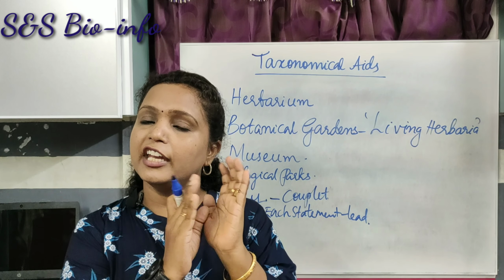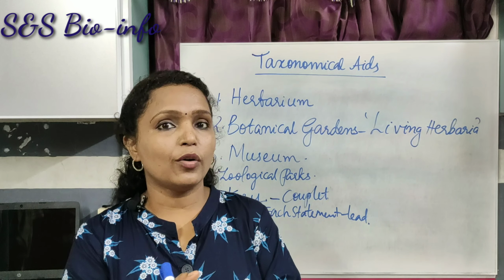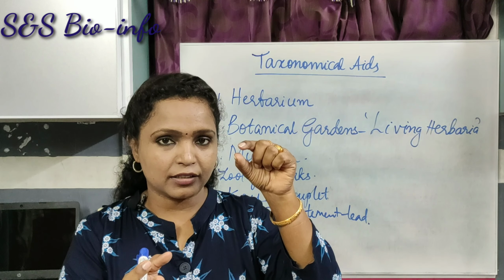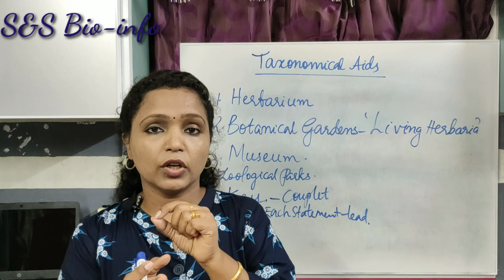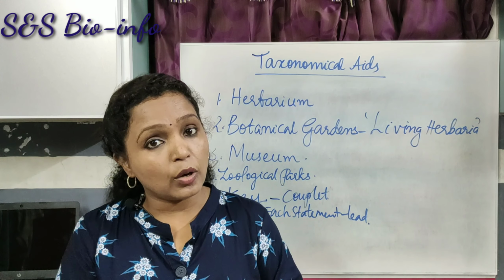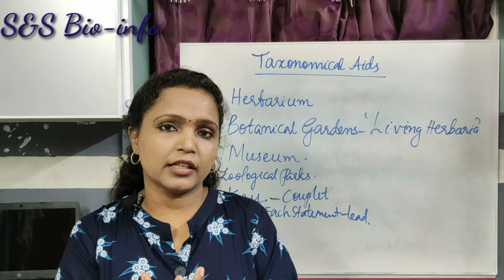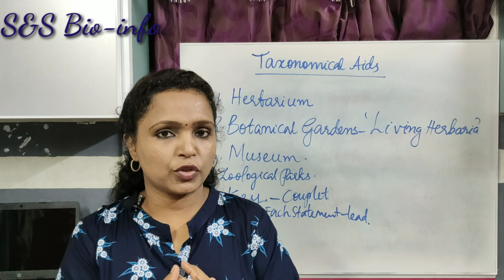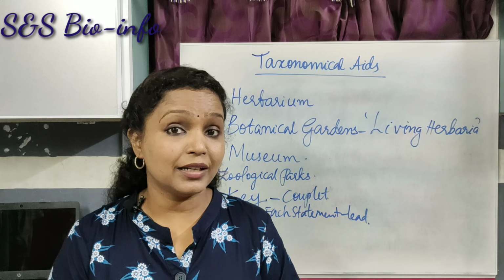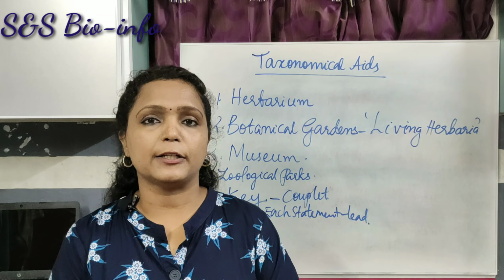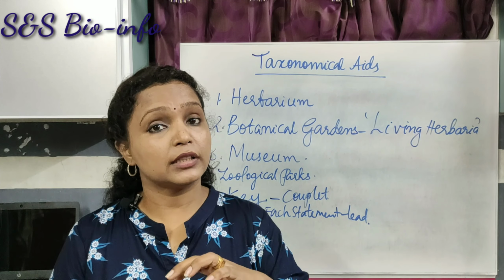First option, animal with wings, animal without wings. So a pair of couplet, a pair of statement. Okay, each statement is called lead. Got it? Similarly, there will be a lot of options like this. So we need to choose the right option based on the easily observable characteristic features of that particular animal or a plant. This is one of the methods of the key.